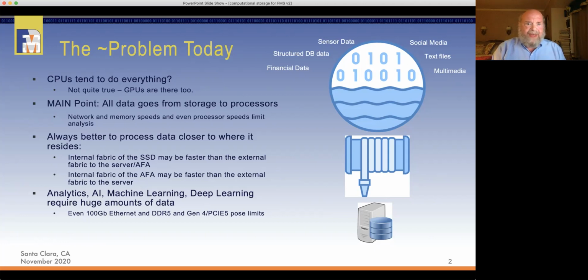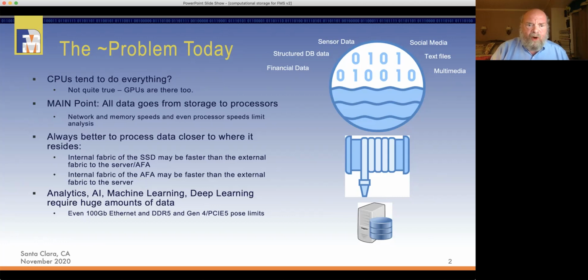In addition, the internal fabric of the all-flash array itself tends to be faster than the external fabric to the server. So there may be spare bandwidth that can be used by the overall application, by the data center, to derive more value and help offload the CPUs.